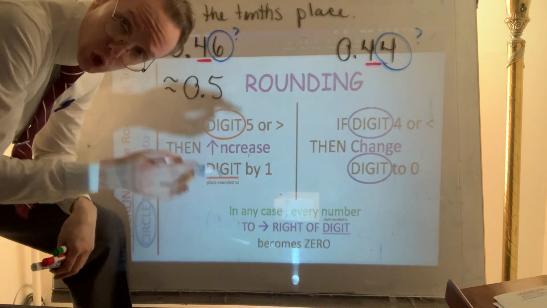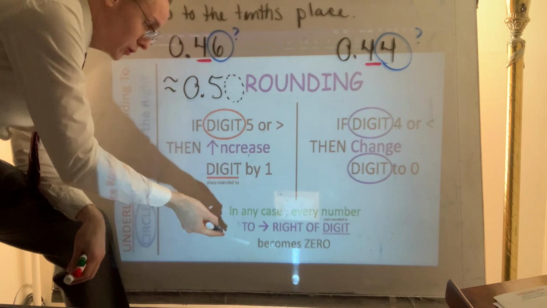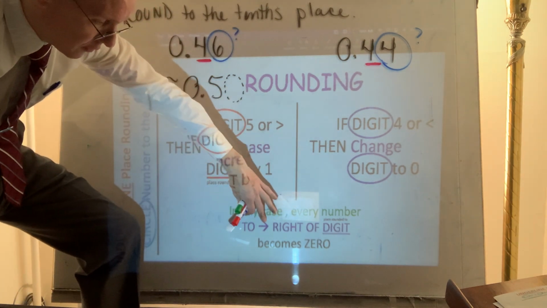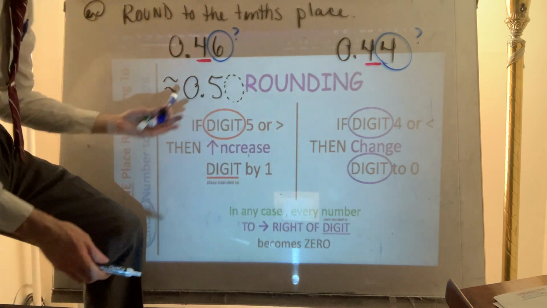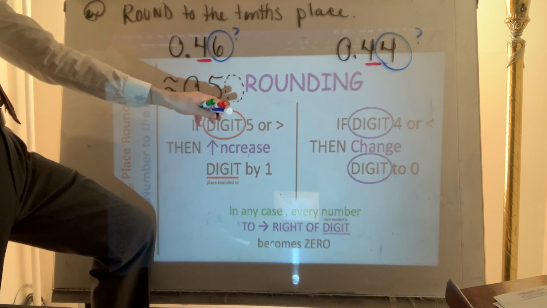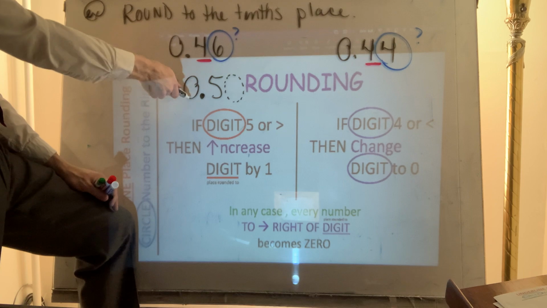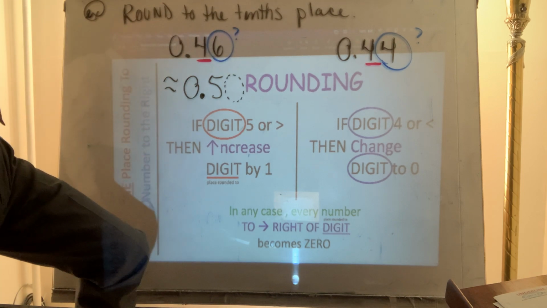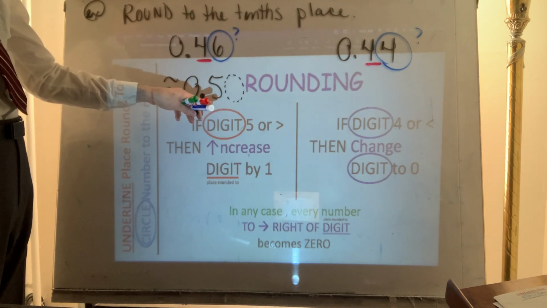If you want to, you could fill in a 0 here. That's what I'm alluding to down here. In any case, every number to the far right of the underlined digit becomes a 0, if it is a convenience for you to write that. You don't have to put it, it's optional in this case. If we were on the left side of the decimal point, you really must put the zeros, because otherwise it looks like just a smaller number. But this is 5/10, or 0.5 if you like.